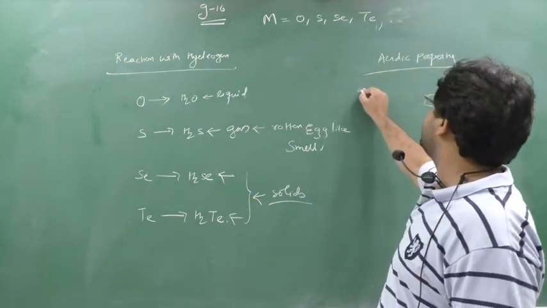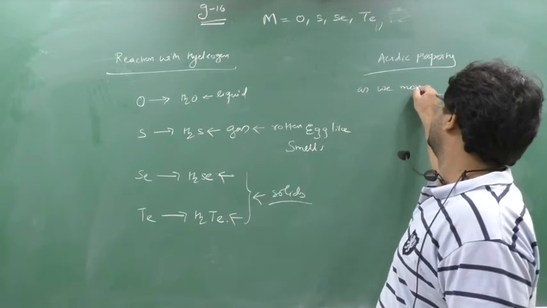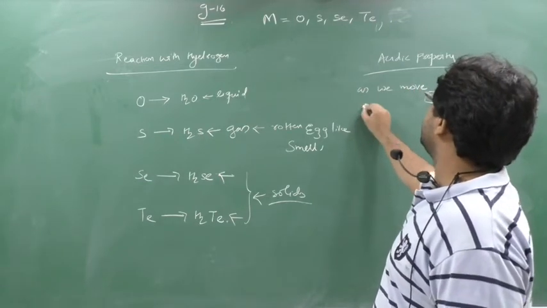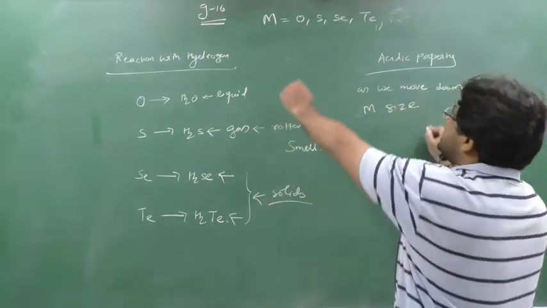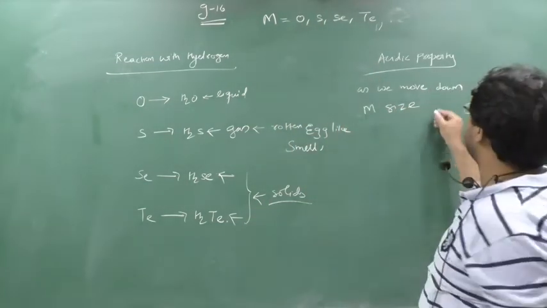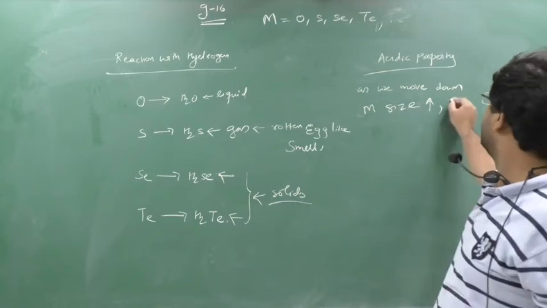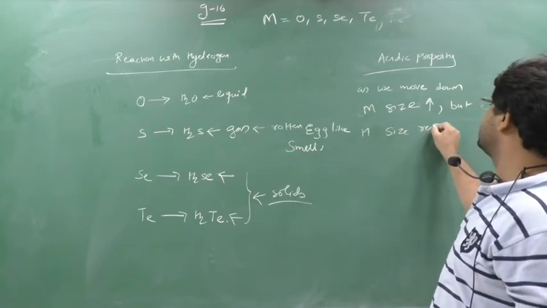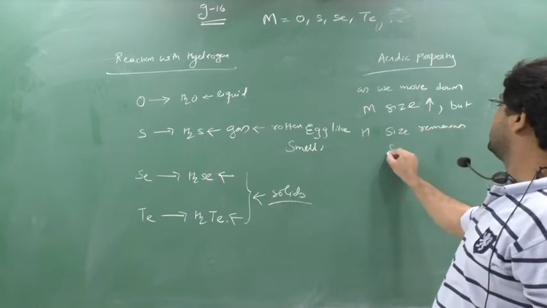So I can say that as we move down, M size increases. M means this one. M size increases, but H size remains the same, yes or no?